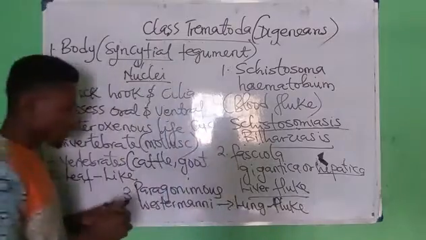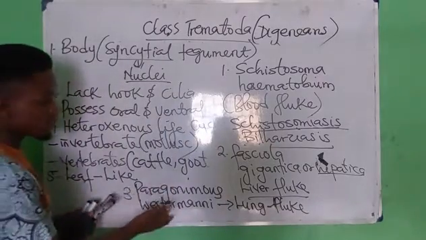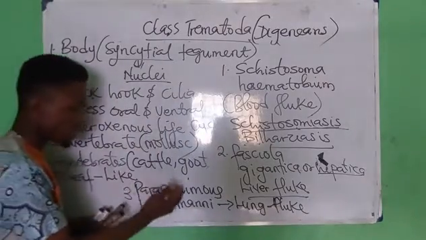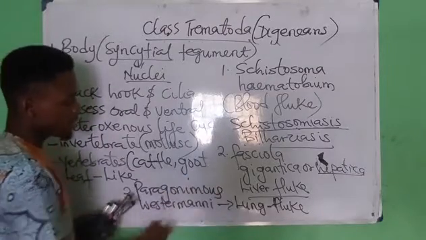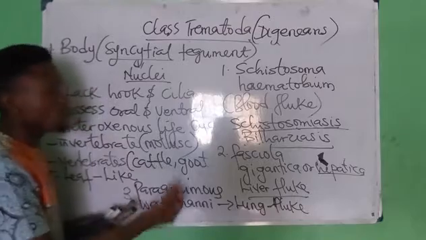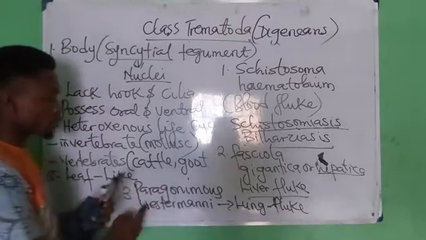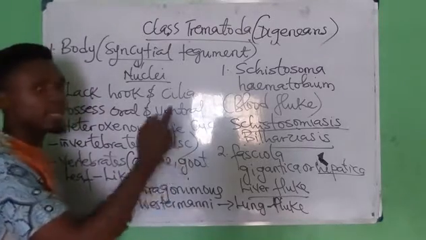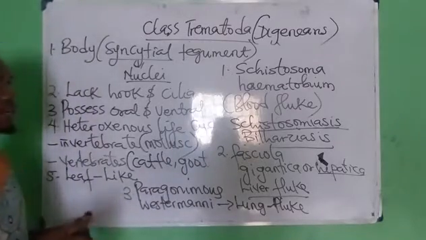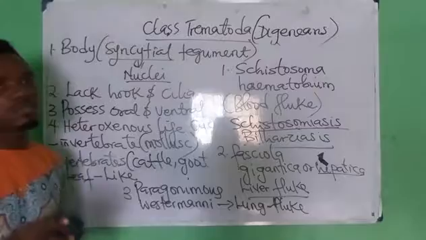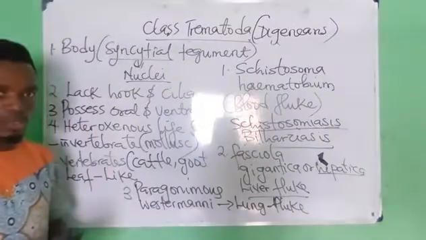Now, the disease caused by this organism is called paragonimiasis. Paragonimus westermani is the organism, the parasite, while the disease it causes is called what? Paragonimiasis.